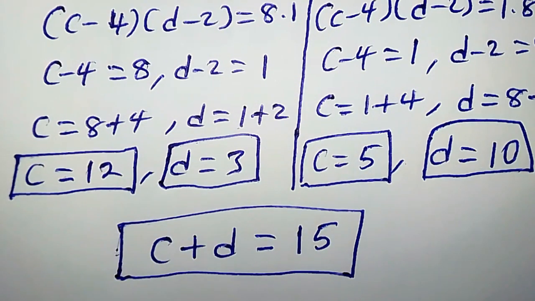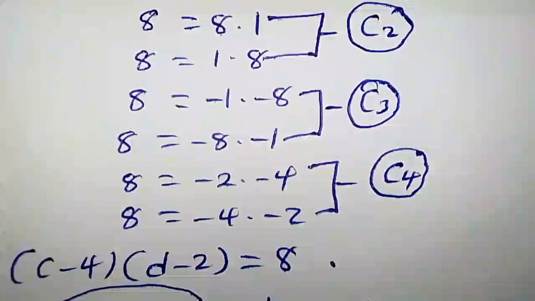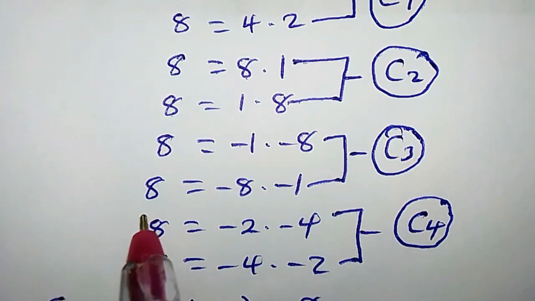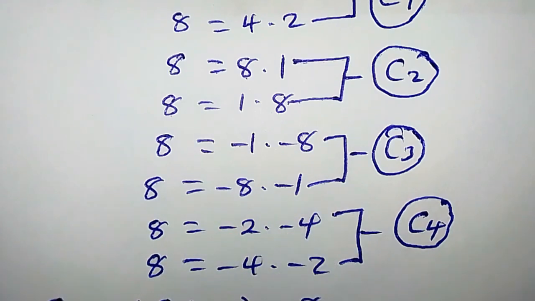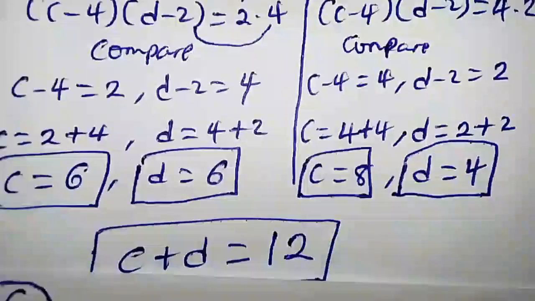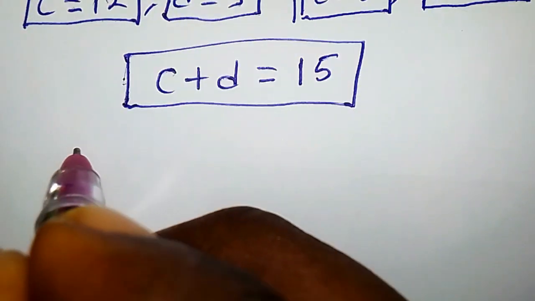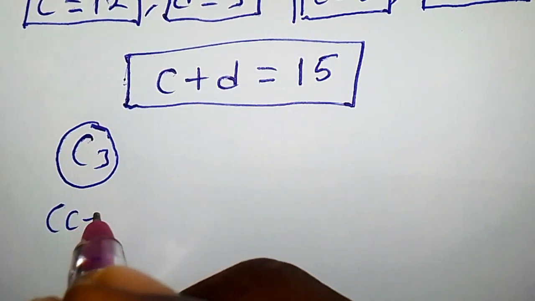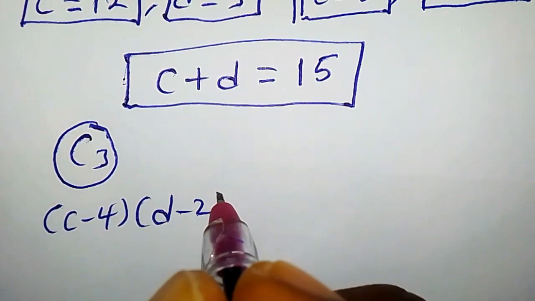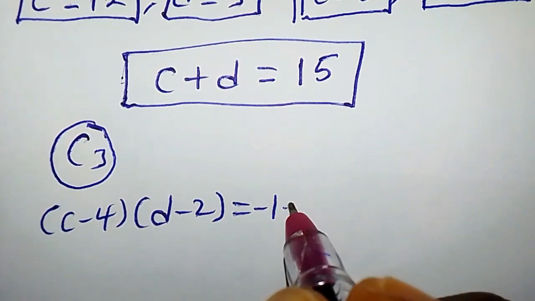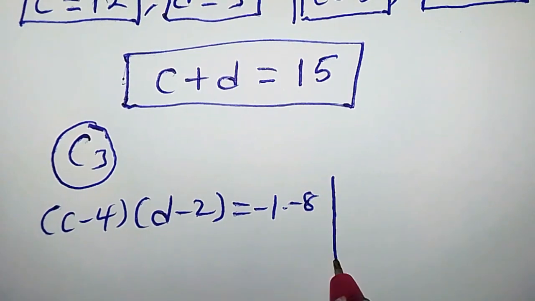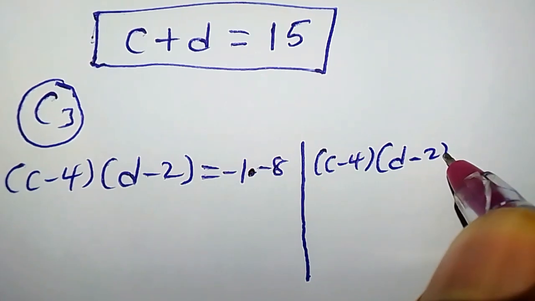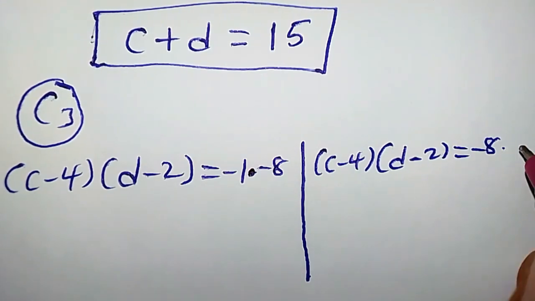The next thing now is to consider case 3. When 8 equals minus 1 times minus 8 and 8 equals minus 8 times minus 1. So let us do that. So for case 3, that will be C minus 4 times D minus 2 equal to minus 1 times minus 8, and also C minus 4 times D minus 2 is equal to minus 8 times minus 1.